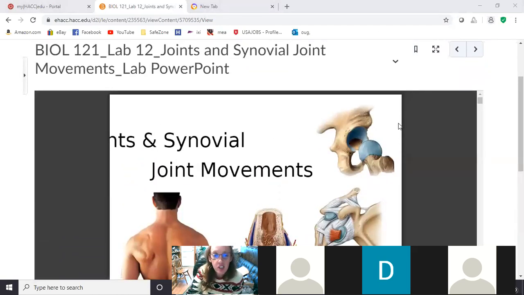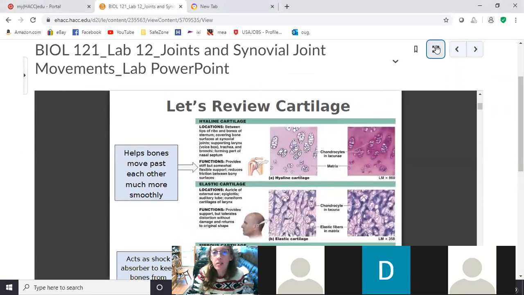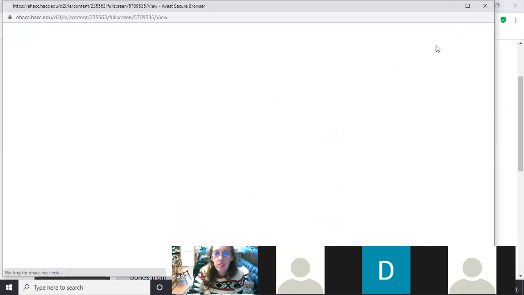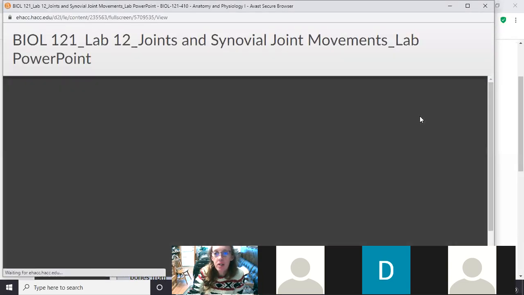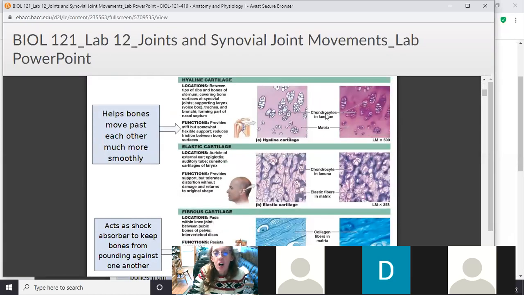So, joints and synovial joint movements. Hyaline cartilage is on the surfaces. You remember it looks kind of glassy in its histology, because that's what hyaline means: glassy. And it just allows for smooth movement on that joint.